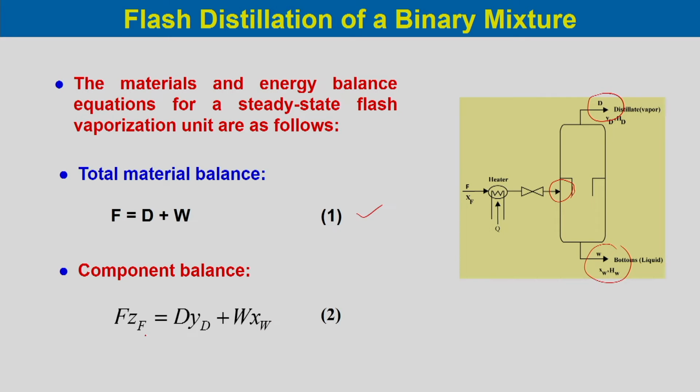So, F ZF would be equal to D YD plus W XW. This is equation 2.